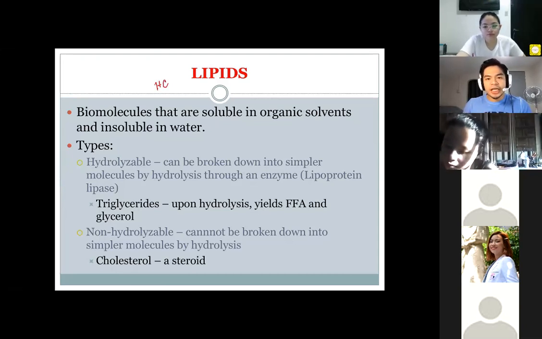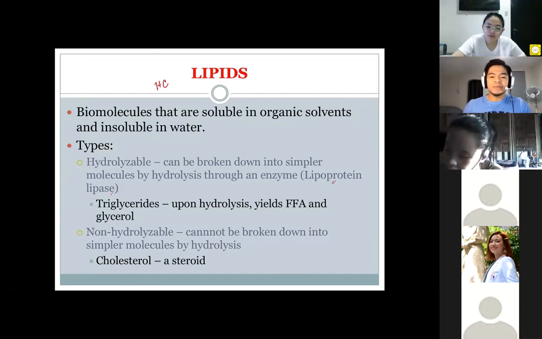So when we say hydrolyzable lipids, this can be broken down into derivatives through the chemical reaction called hydrolysis. In the body, we have certain enzymes responsible in facilitating hydrolysis. In particular, this hydrolysis of lipids, these are so-called lipases or lipoprotein lipases.